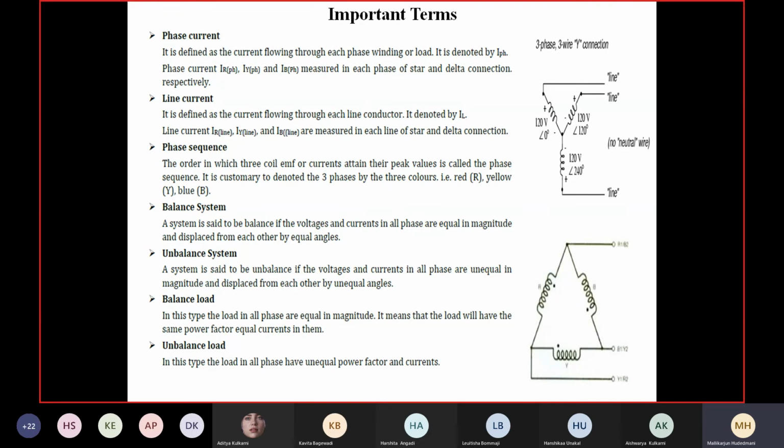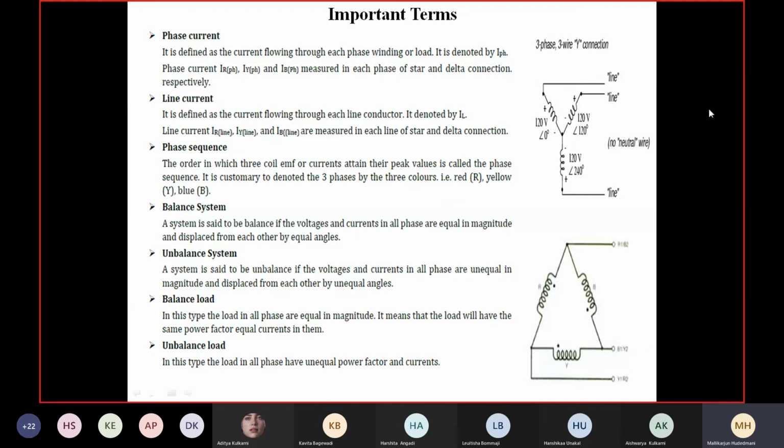Another term which is missing here is voltage. Line voltage and phase voltage, which I have already defined. Voltage between any two lines, if I measure, we call line to line voltage. Here or here also, line to line voltage. Whatever voltage is measured between any one line and a common point here, star has a common point, delta won't have a common point. When we study delta interconnection, we will come to know there won't be generation of a common point.